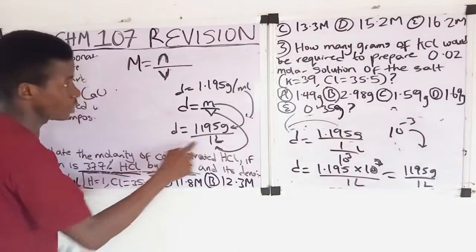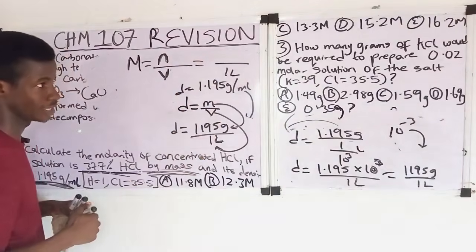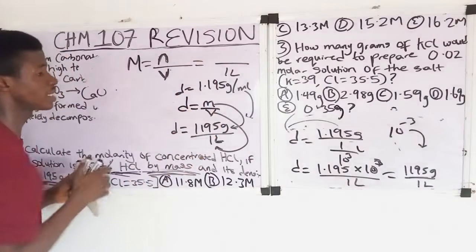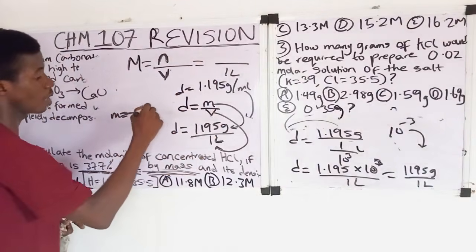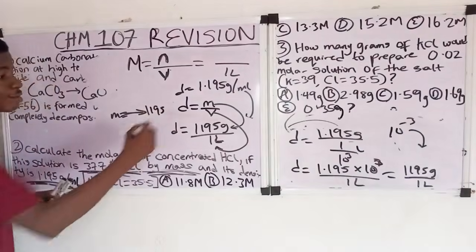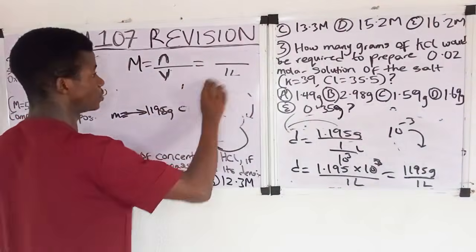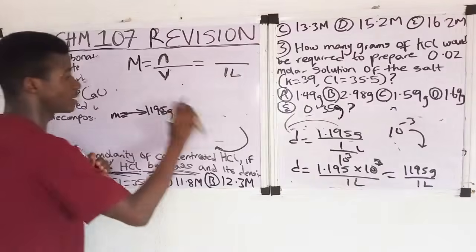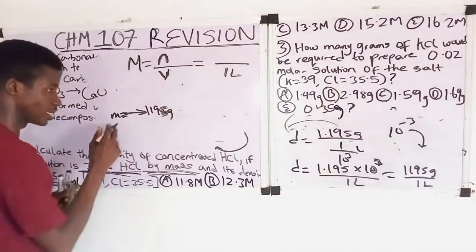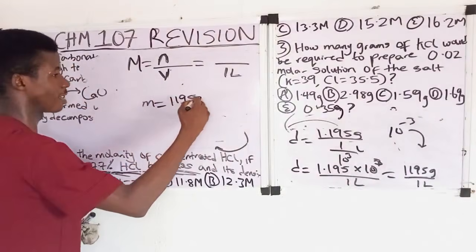So our volume is now 1 liter already, and the mass is 1195 gram.